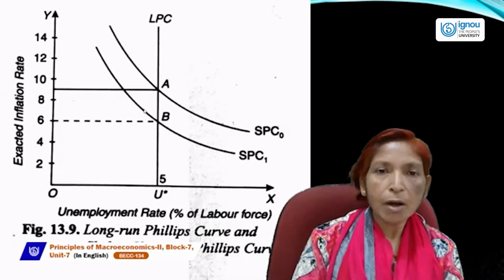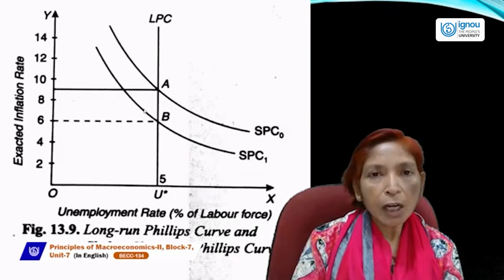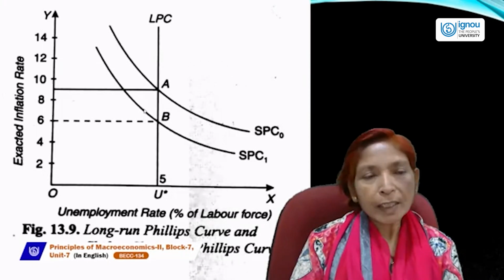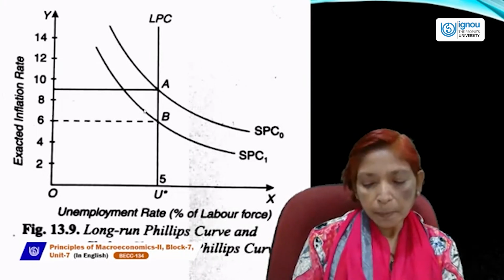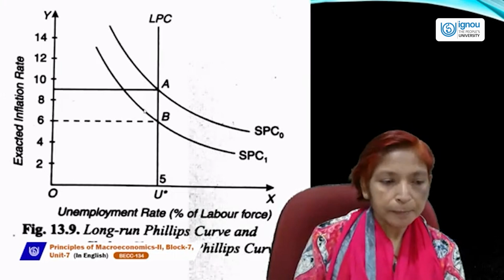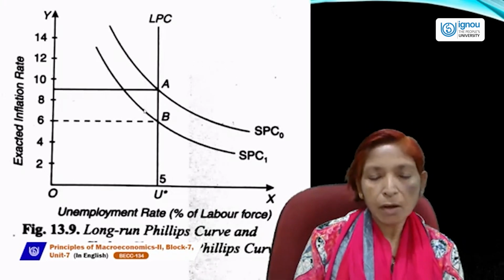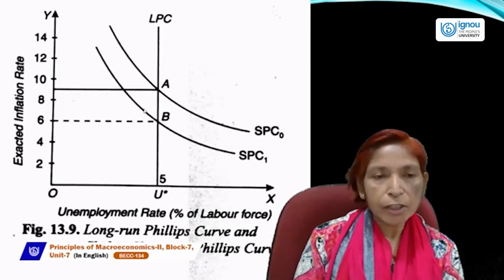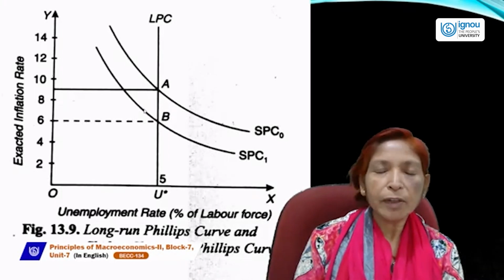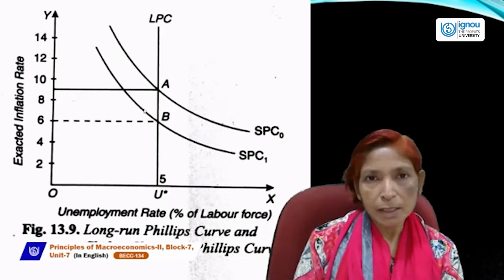But the long run Phillips curve will always be a vertical or inelastic curve. So this is the long run Phillips curve, which shows that there is no trade-off between inflation and unemployment.